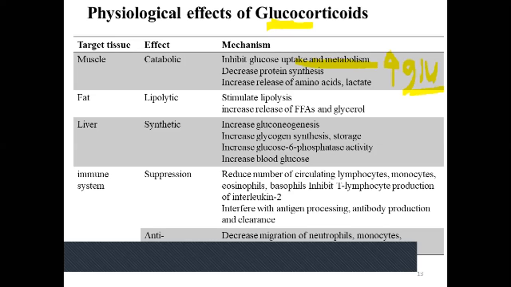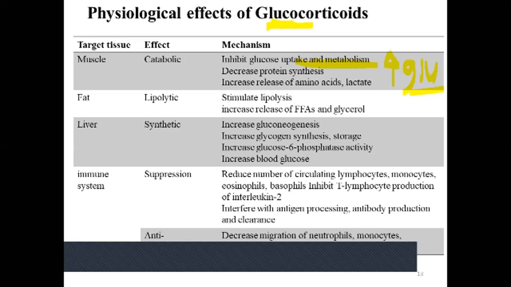Then they do have a catabolic effect. Generally in the muscle, the effect is usually catabolic. They also decrease protein synthesis, so muscle wasting is very common. When a patient is taking glucocorticoids exogenously for a long period of time, you will encounter muscle wasting.